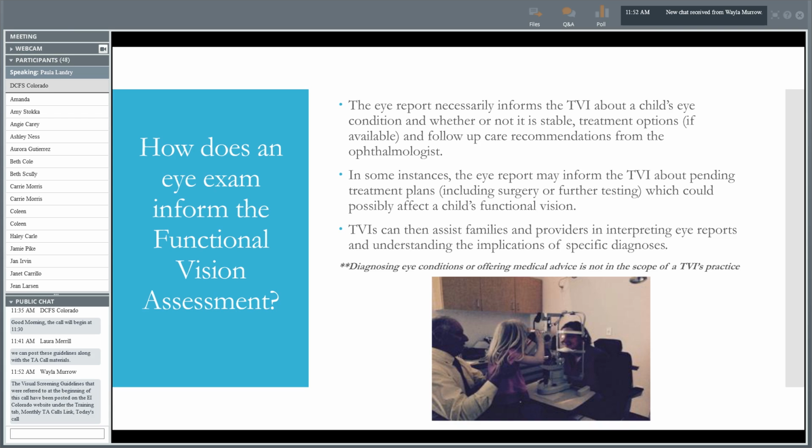That gives us an idea of how we can support the families and give them strategies for carrying through those treatment plans at home. And if they have surgery or anything like that, obviously they're getting information from their doctors and ophthalmologists, but we can also give them a lot of information and support through those types of things.